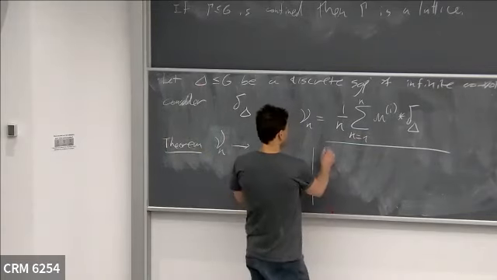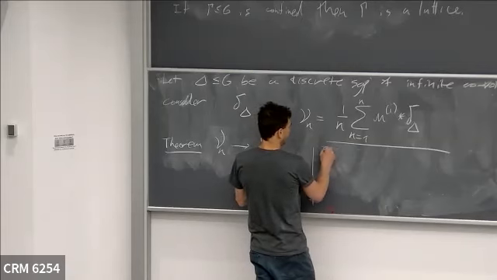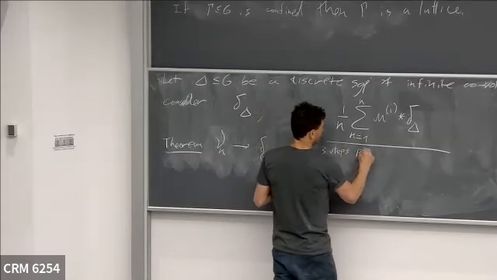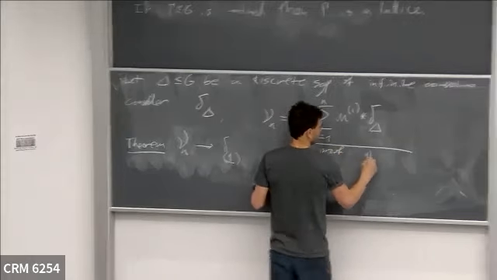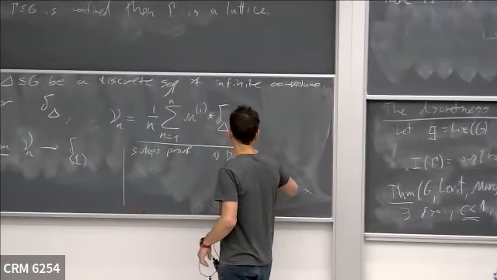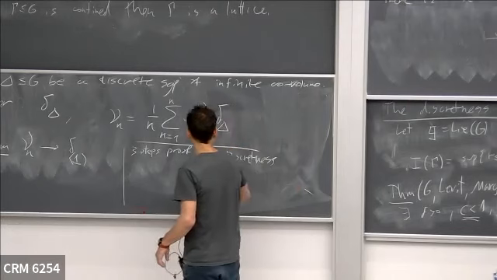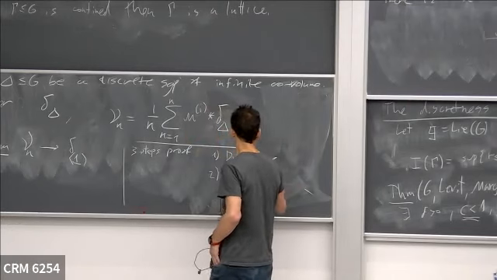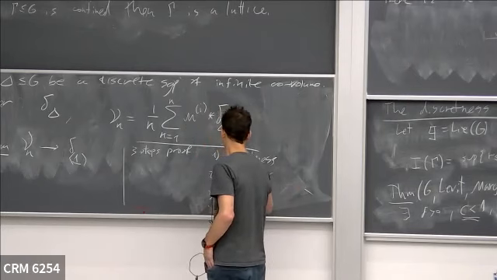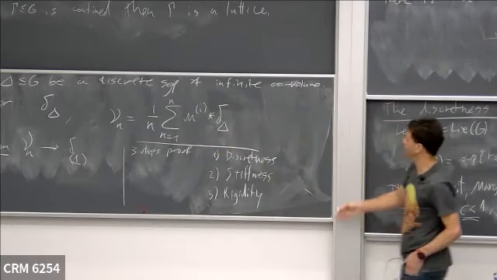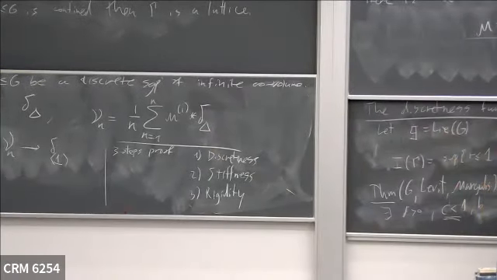The proof has three steps, which I think of as first discreteness, second stiffness, and the third is rigidity. The discreteness is the consequence of this fundamental lemma.